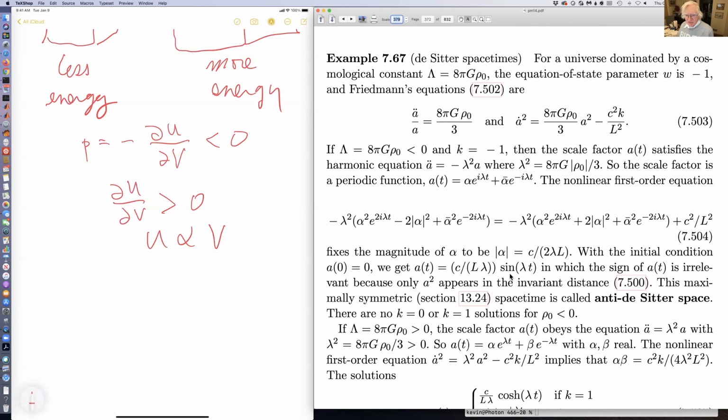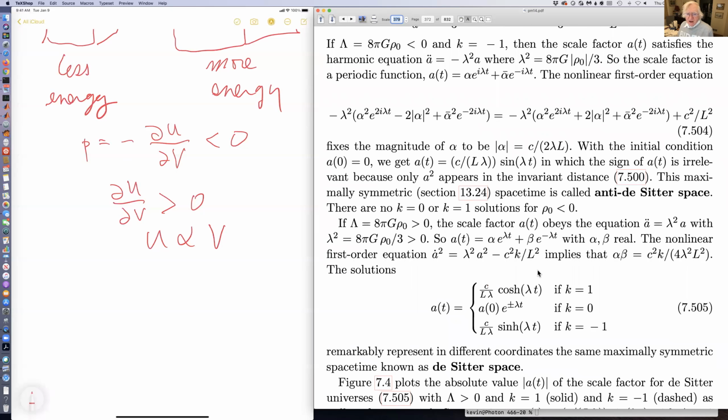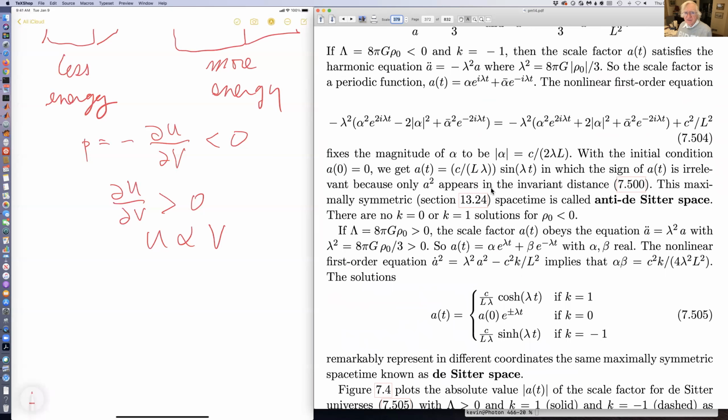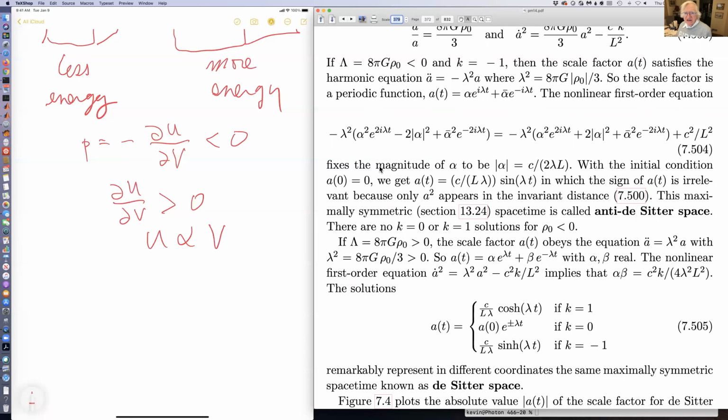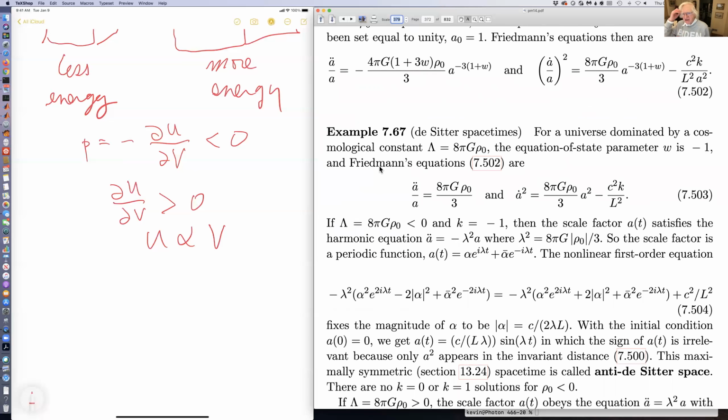Like that, I guess, but it's a lot simpler just to say it's equal to this. And this is called anti-de Sitter space. The anti-de Sitter space is a case where you have a negative energy density, and this is not what we've got in the real world.